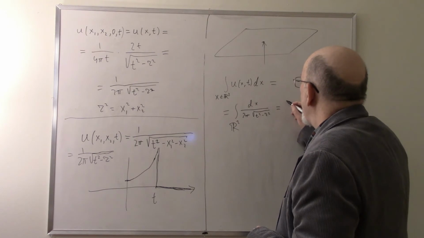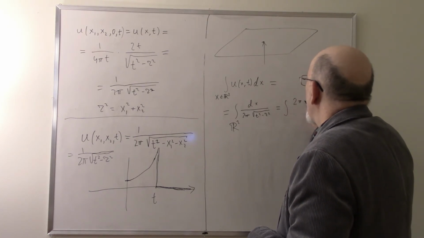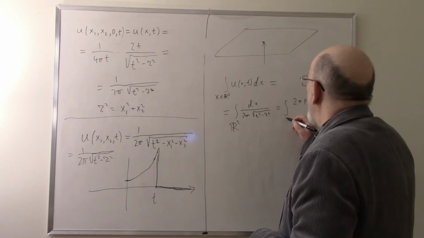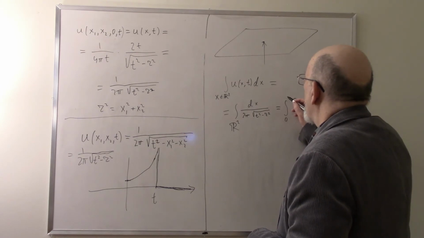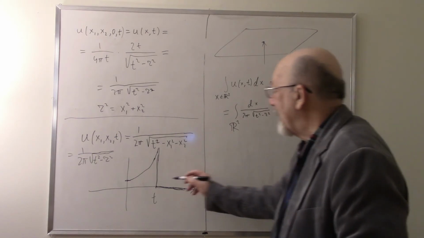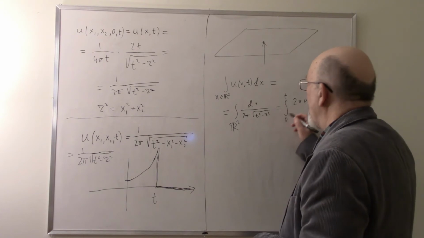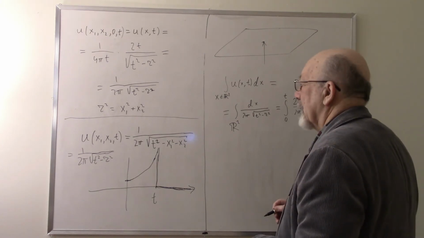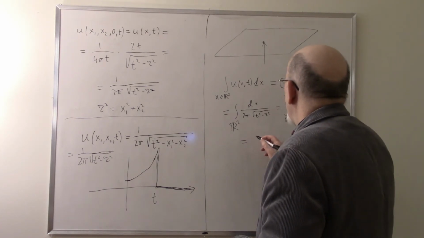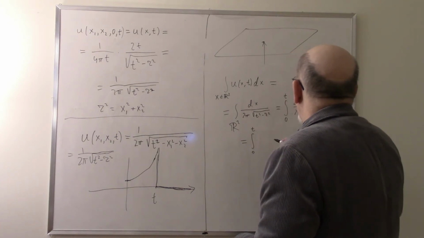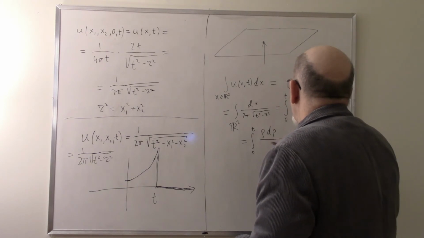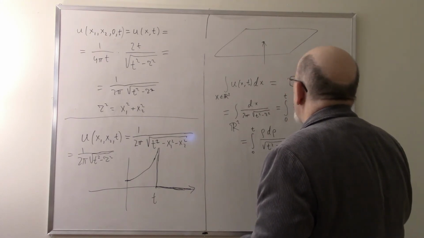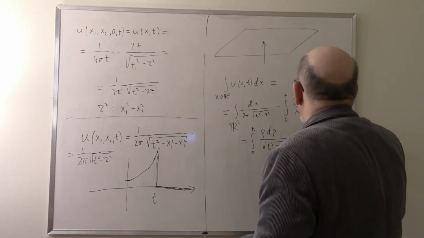It is the integral of 2 pi rho d rho, from 0 to t, because after t it is 0, divided by 2 pi square root of t square minus rho square, which equals the integral from 0 to t of rho d rho over square root of t square minus rho square.